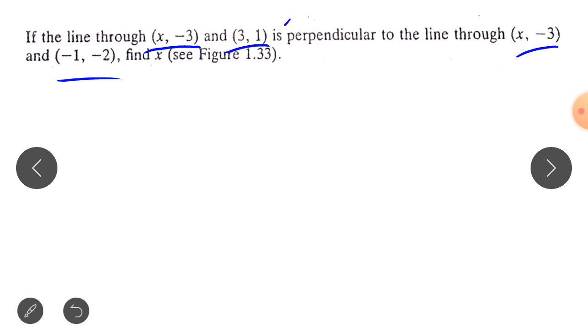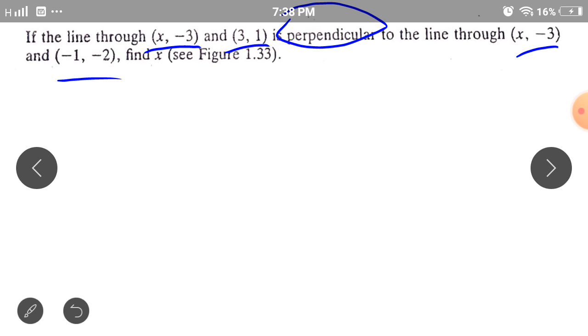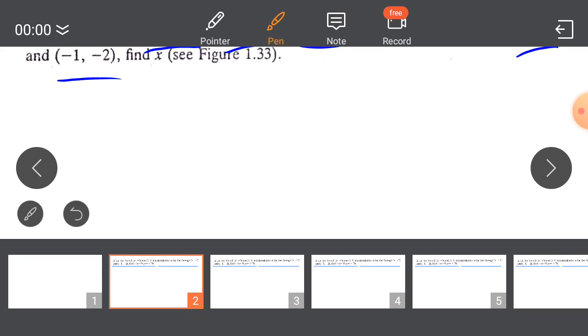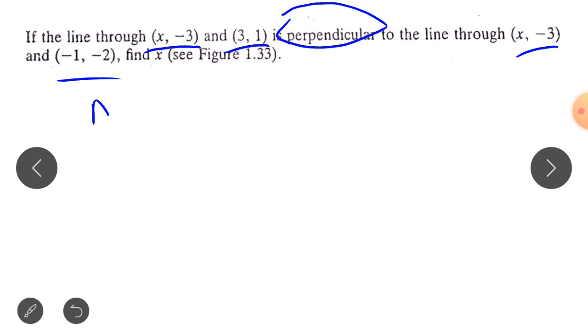It's already given that the two lines are perpendicular to each other, which means we're going to use this formula, because if you multiply the slopes of two perpendicular lines, the product is equivalent to negative 1, since they are negative reciprocals of each other.